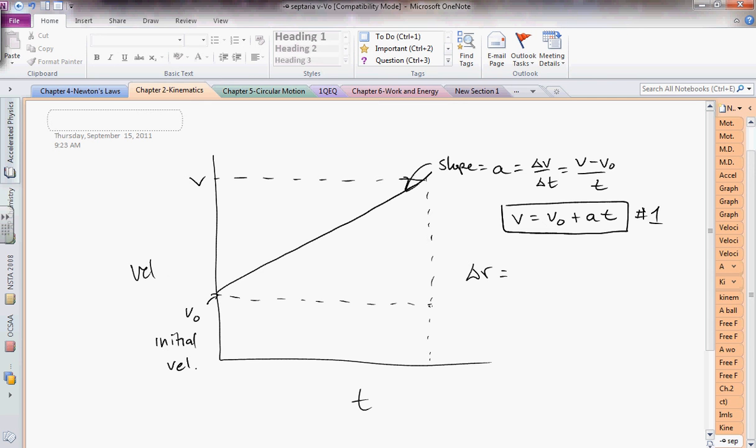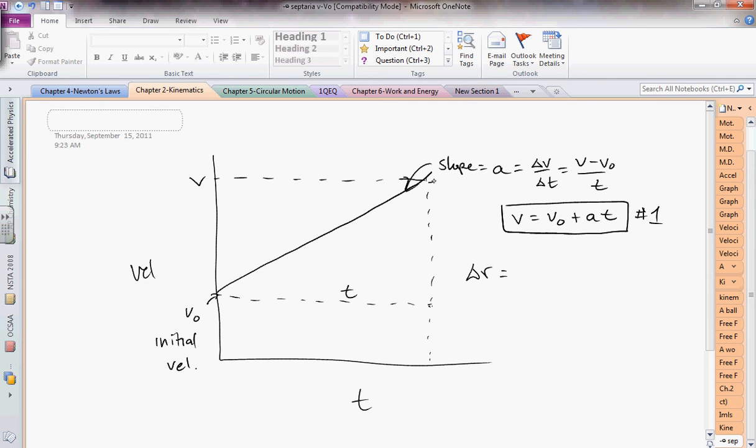And then looking at this triangle and this rectangle, we know that the area of a triangle is 1/2 base times the height. So we need to find an expression for the base of this triangle, and we see that it's actually the time that has elapsed. So this horizontal line here is equivalent to how much time has elapsed.